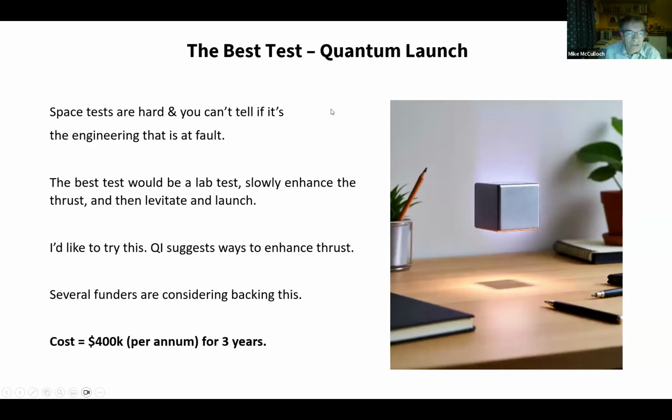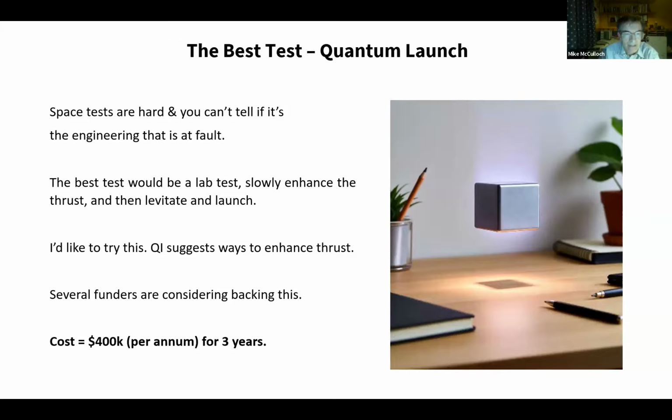So what's next? Well, space tests are incredibly hard because you can't get up to the satellite and check out the engineering. The best test would be a lab test that would enable us to look at what's going on, see if there's a problem, and then slowly enhance the thrust, and then levitate and launch it.